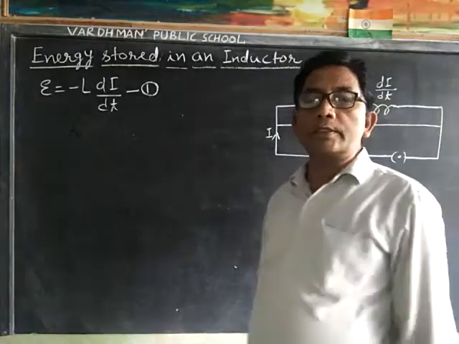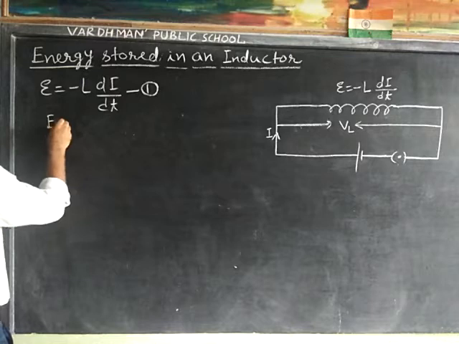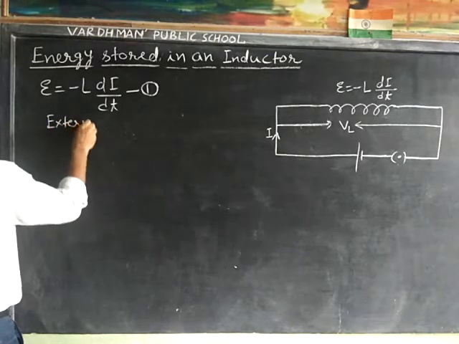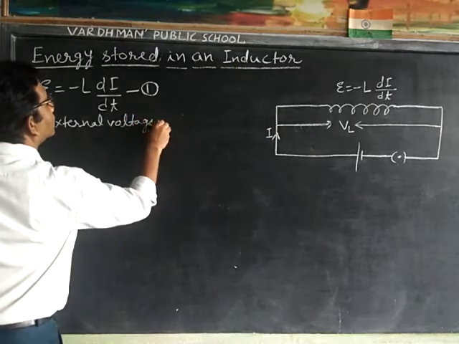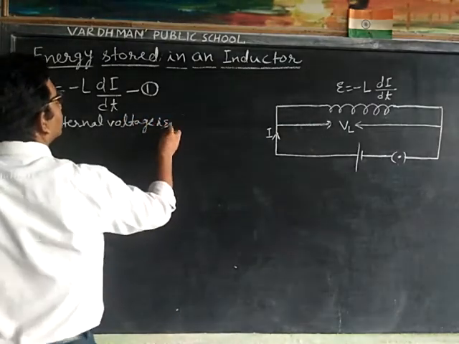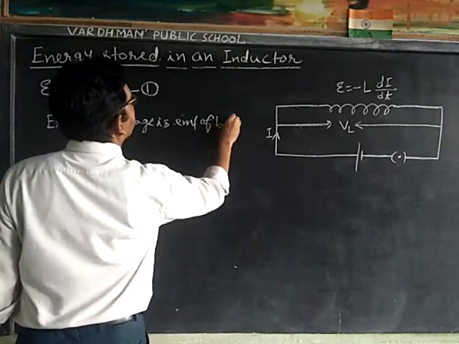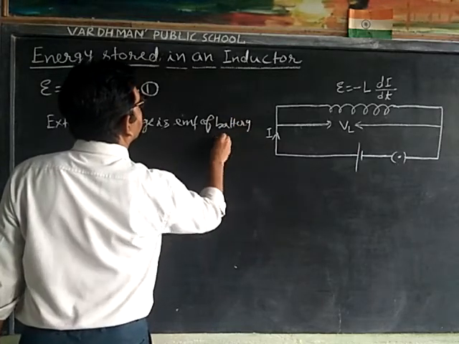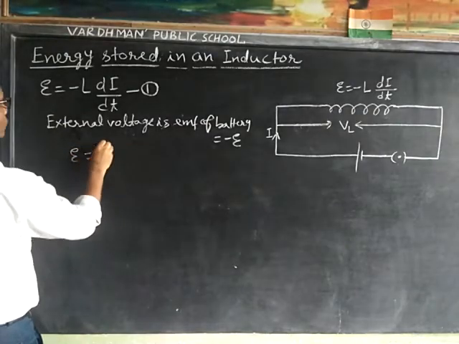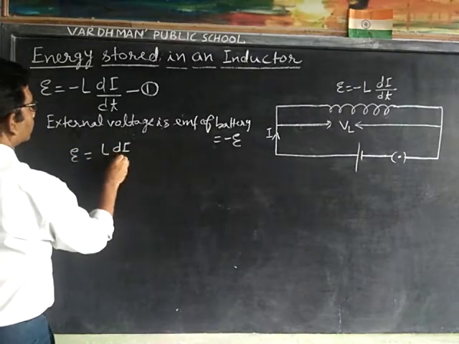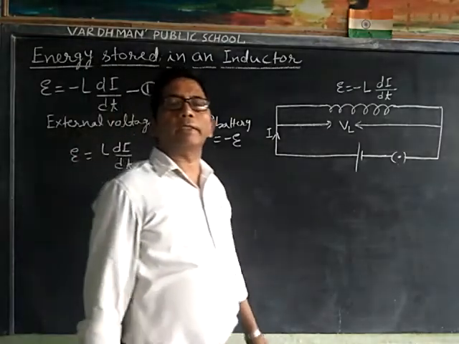The external voltage is the EMF of the battery, that is minus E. Therefore, E is equal to L di upon dt.